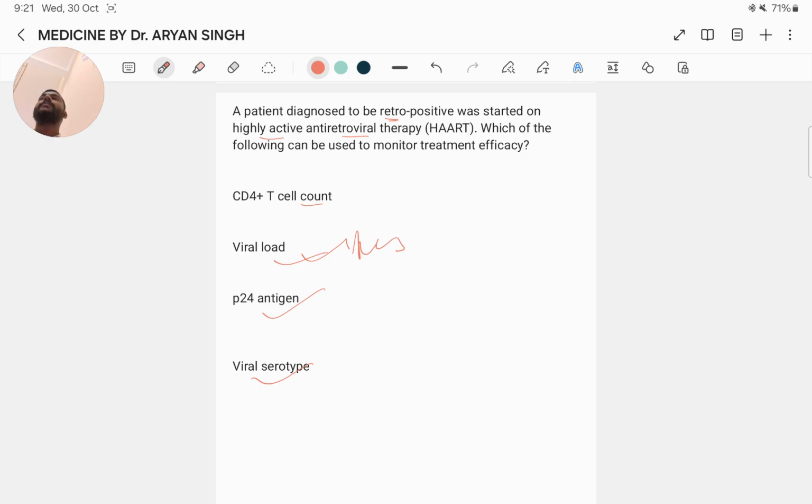HAART, or combination antiretroviral therapy, is the mainstay in the management of retropositive patients. It is initiated soon after diagnosis, except in cases of cryptococcal or tuberculous meningitis.